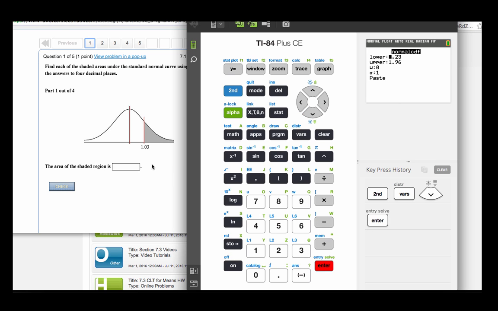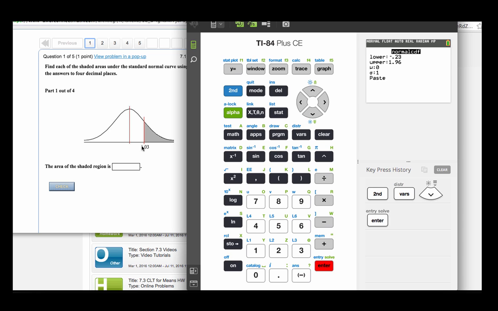And we are going to type in what the lower and upper values are. Now what the calculator will do is find the area under the normal curve between two z values. So we have to set what those z values are. Recall that practically all of the normal distribution lies within 3 standard deviations of the mean.